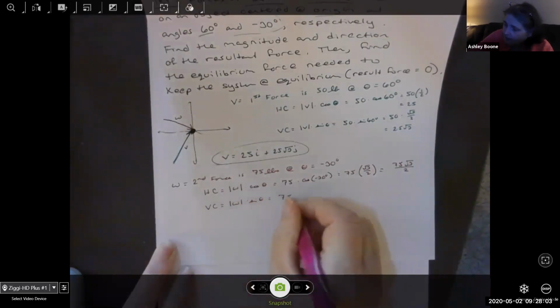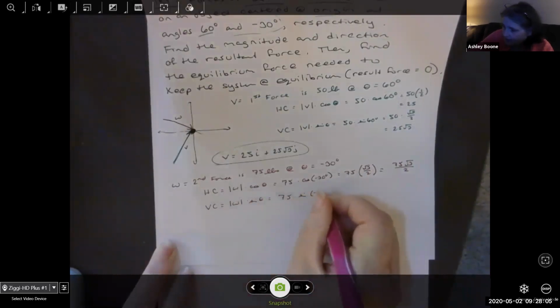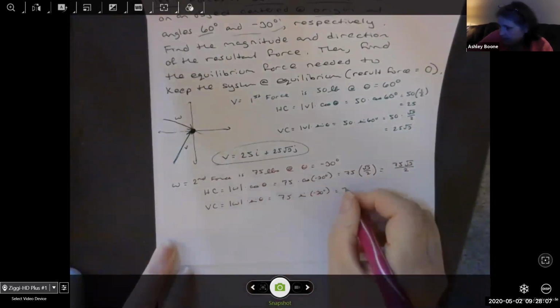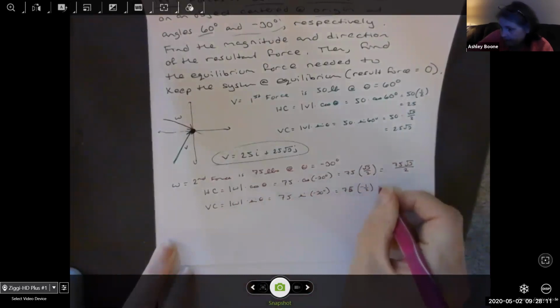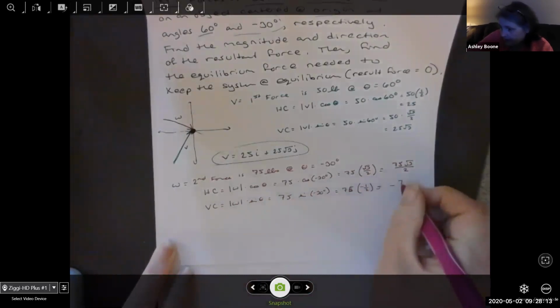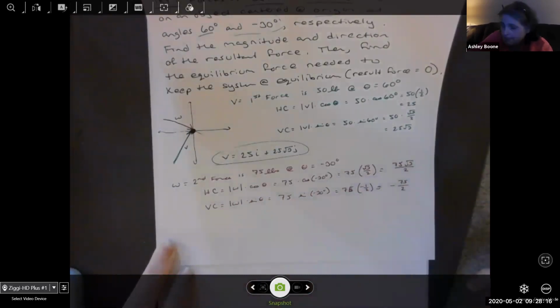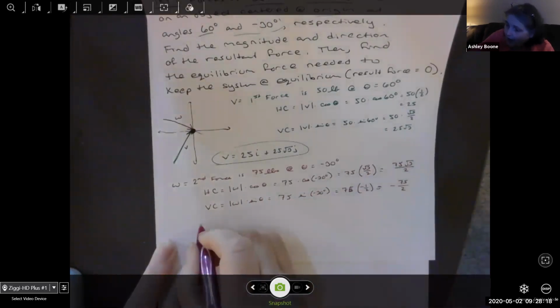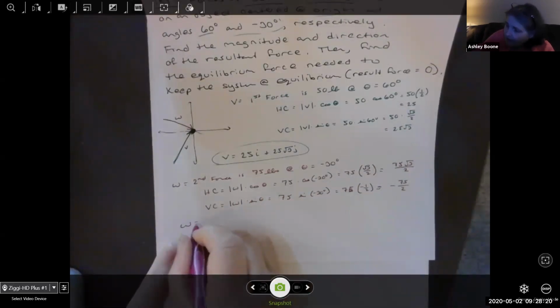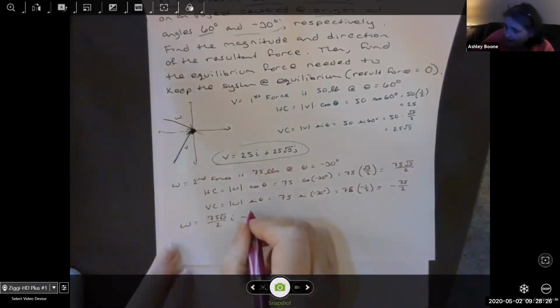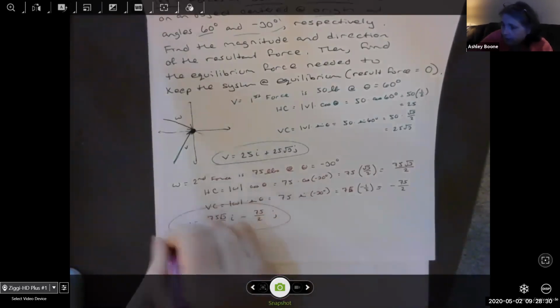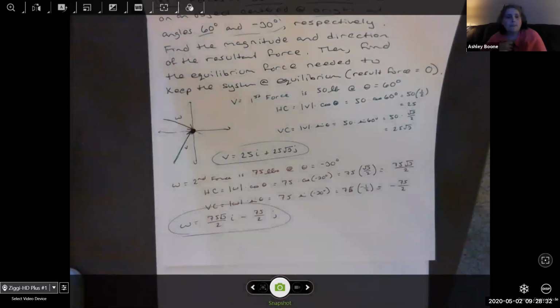So that's 75 times the sine of negative 30 degrees. That's going to be 75 times a negative 1/2. That's a negative 75 halves. Okay. So our second force is represented by 75 root 3 over 2i minus 75 halves j. So we have something representing each force.